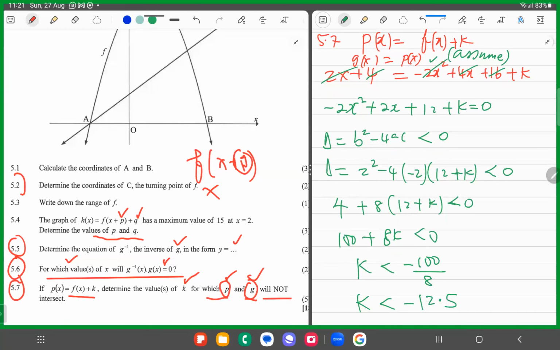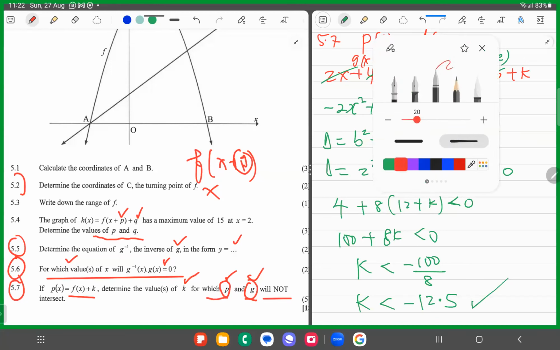Minus 12.5. Okay, so in other words, if they do not intersect, it would mean that the nature of roots, we shall be expecting something called non-real roots.